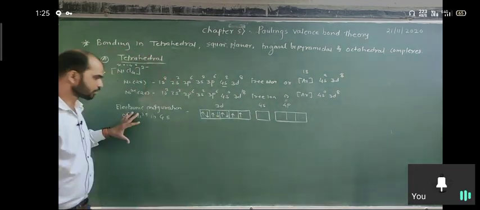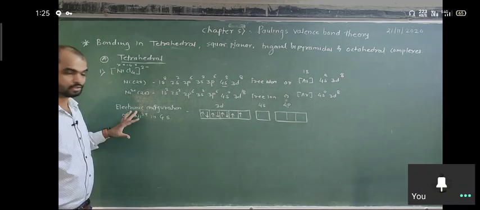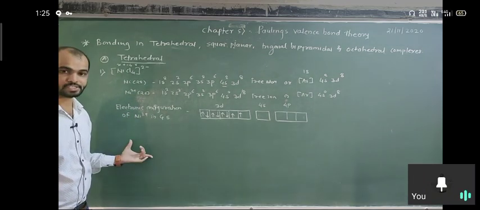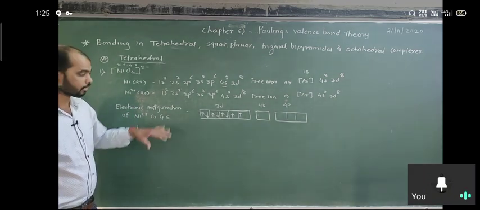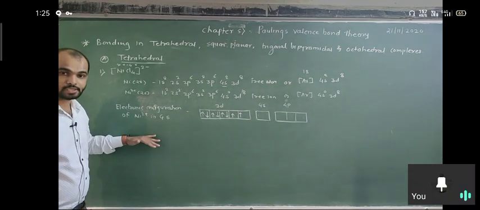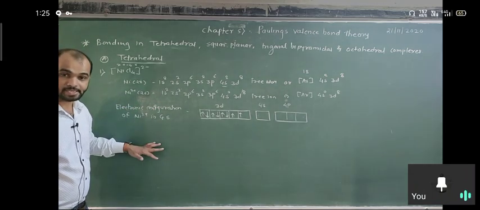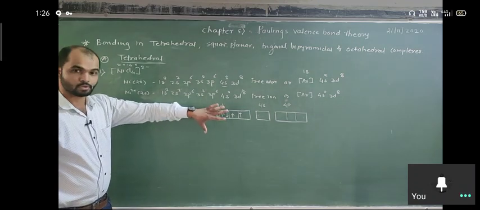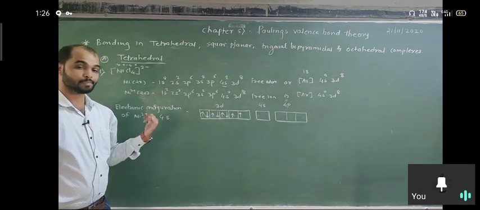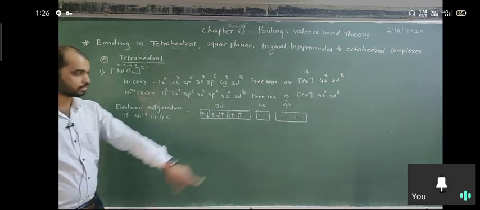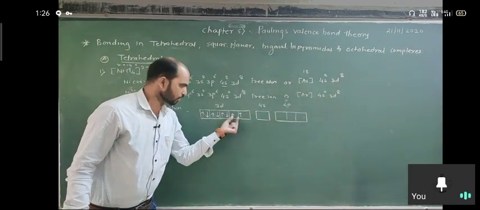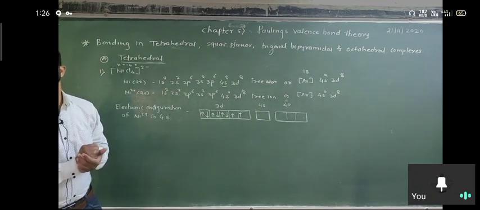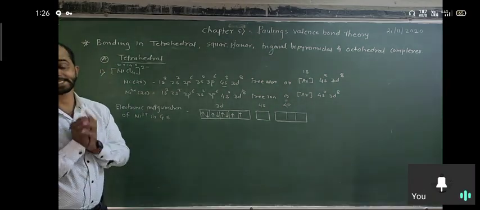So here is the ground state. In a book directly the complex is given, but you make a change here. You write the ground state, after that you write the excited state, then write the complex. So here we conclude the given complex undergoes sp3 hybridization, because there is no d orbital available.